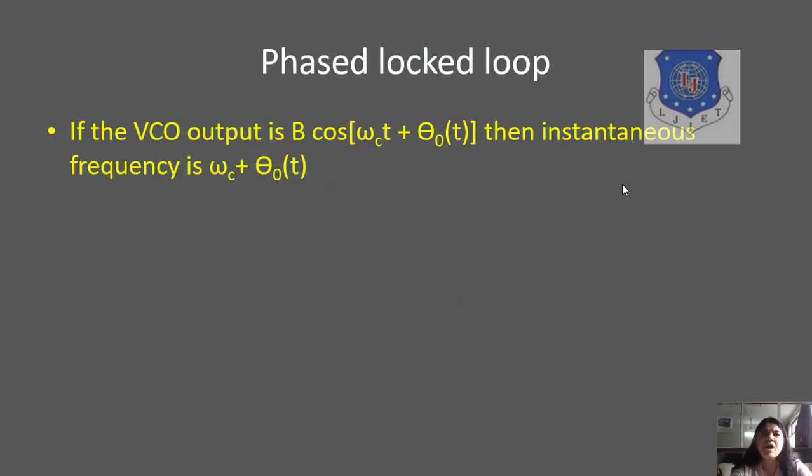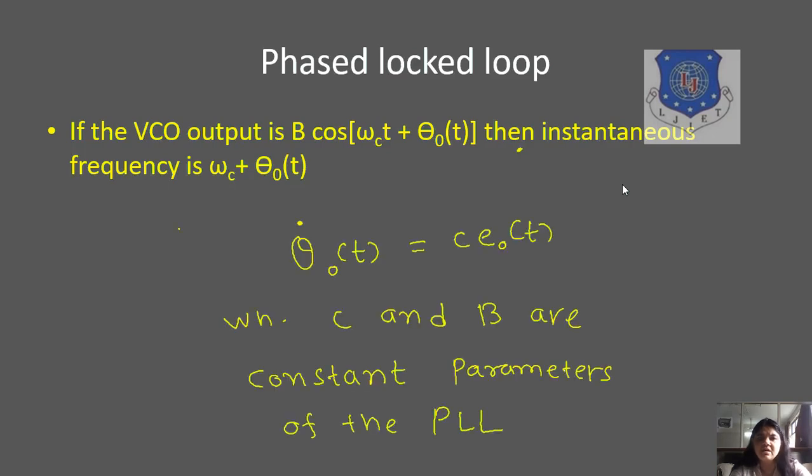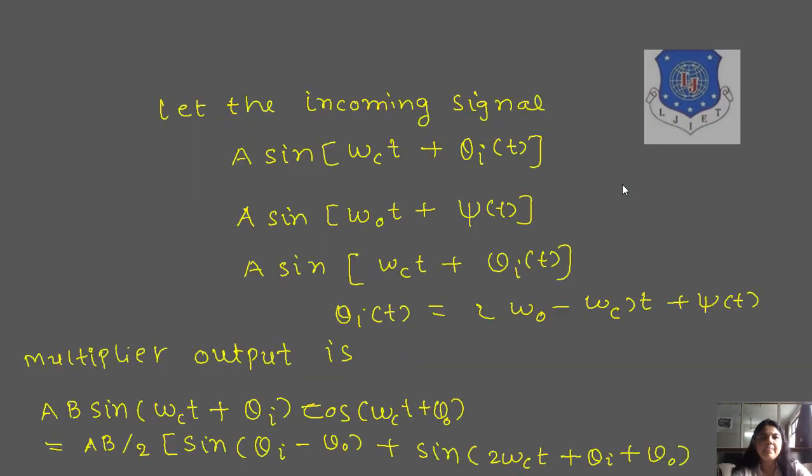So the VCO output is B cos(omega c t plus theta 0(t)), and the instantaneous frequency is omega c plus theta 0'(t), so theta 0'(t) is equal to c E0(t), where c and B are the constant parameters of the PLL.